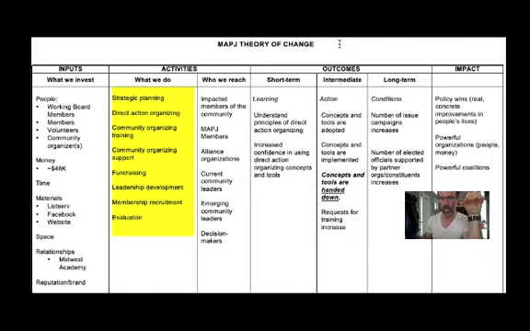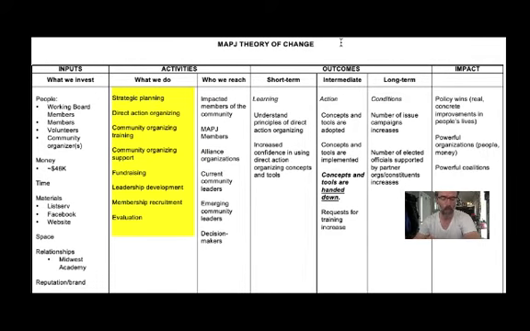So the theory of change, sometimes they're called logic models, is basically a visual representation of how our organization is going to make the change that we say that we're going to make. There's a lot in here, and it takes a while to really distill it down into the nuts and bolts and get the wording right.